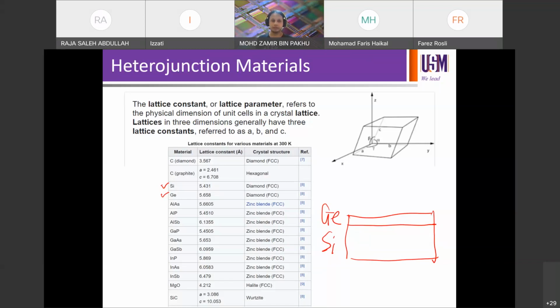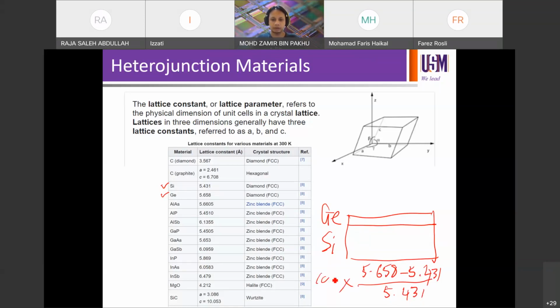So lattice constant of germanium 5.658 minus 5.431 over 5.431, right? Then you times 100.